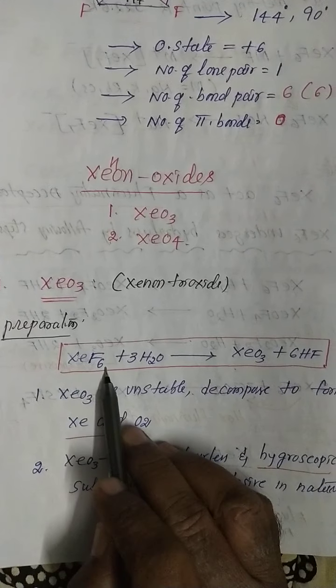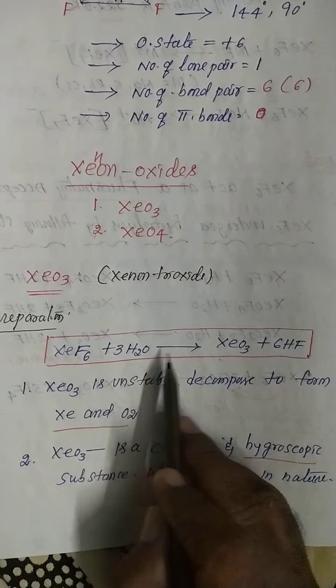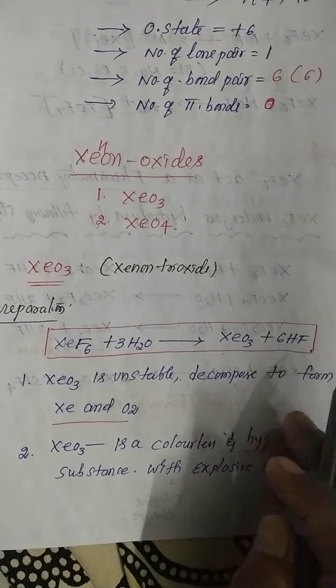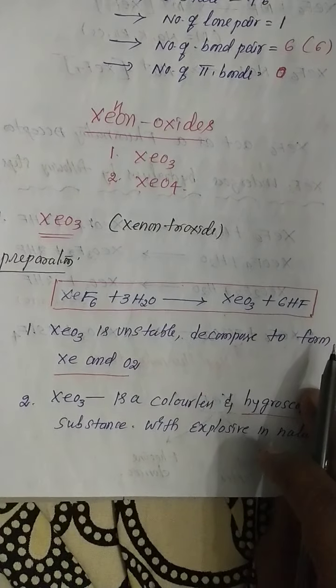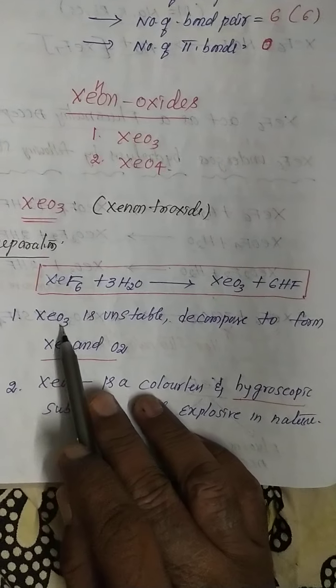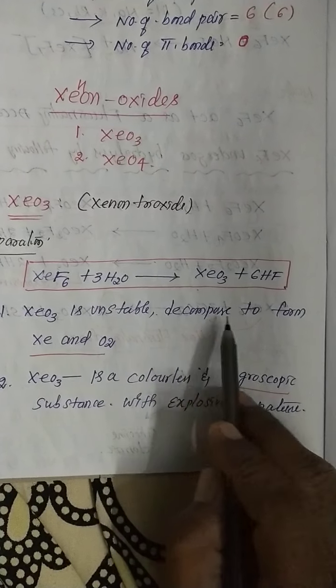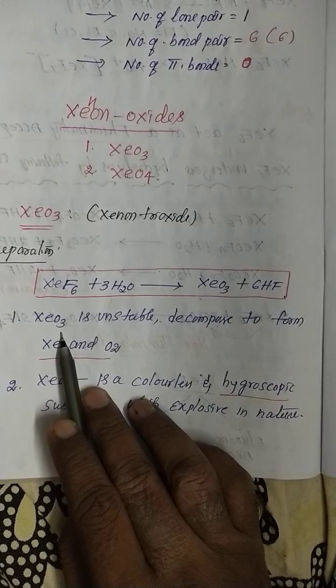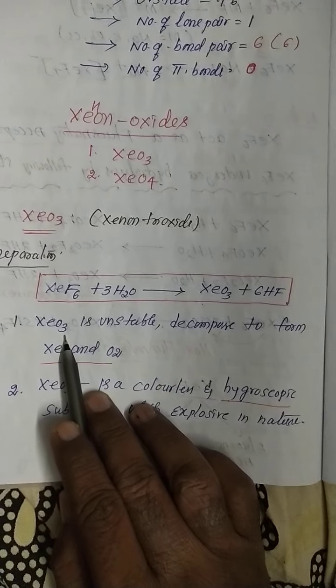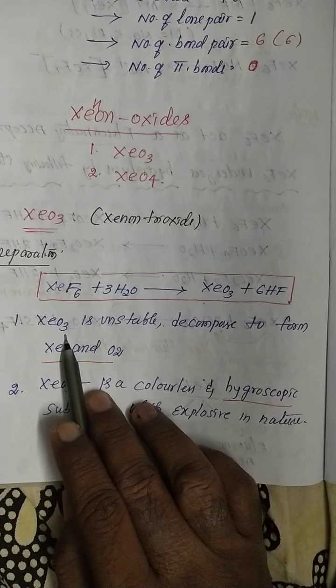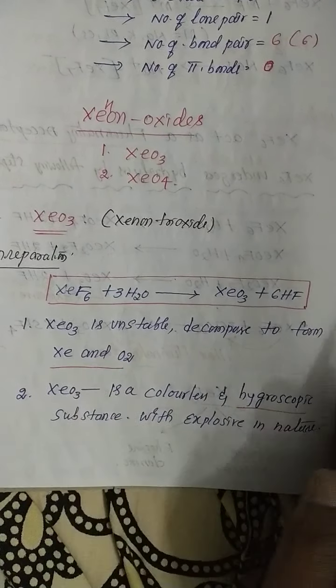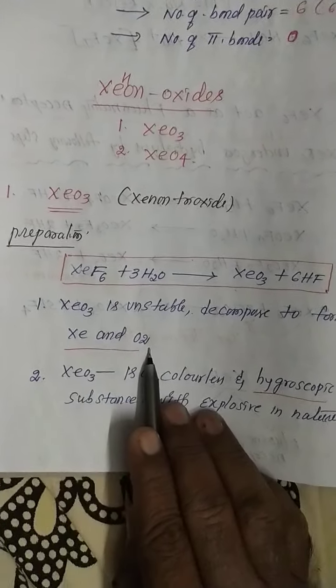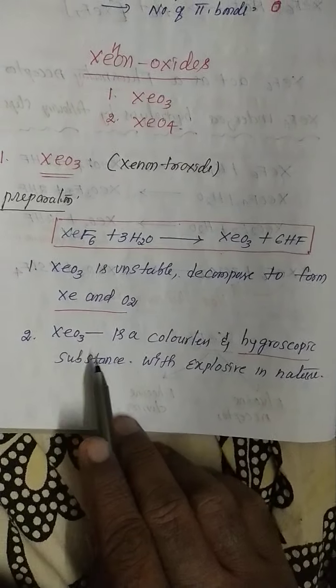Preparation: xenon hexafluoride reacted with 3 moles of water gives xenon trioxide and 6 moles of hydrogen fluoride. Xenon trioxide is unstable and decomposes to form xenon and oxygen. Important, it's an unstable, highly explosive compound. After decomposition, it easily forms xenon and oxygen.